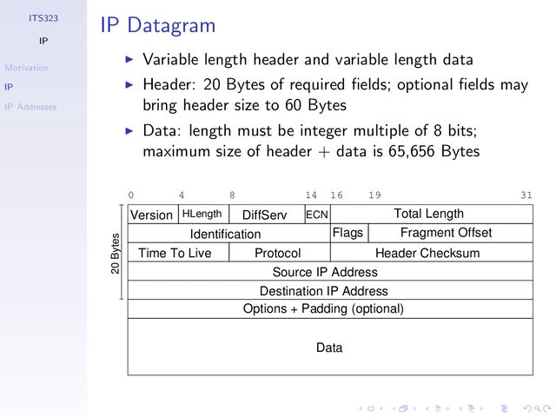The way to read this diagram is that you read it row by row. So this is one row, the next row, and so on. So we think this is the header, these rows. After the header, we have the data that we want to send. And in each row, we have 32 bits, or 4 bytes.